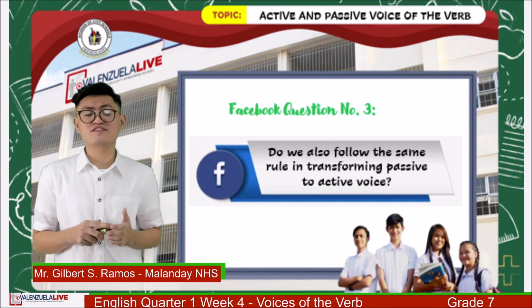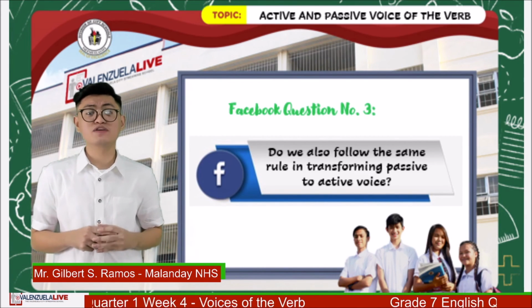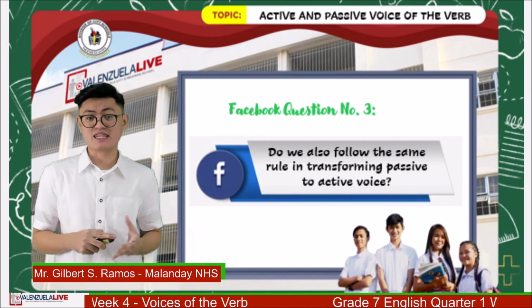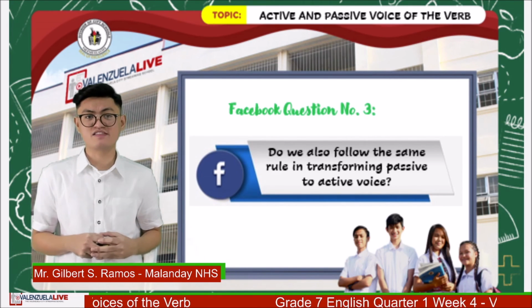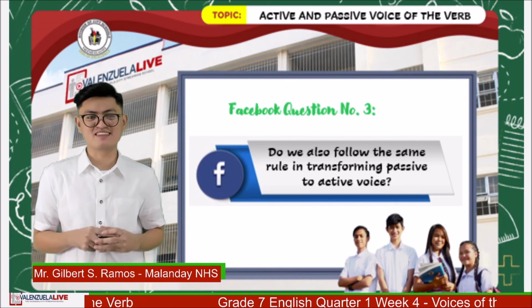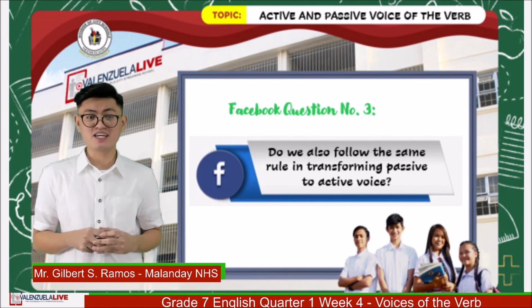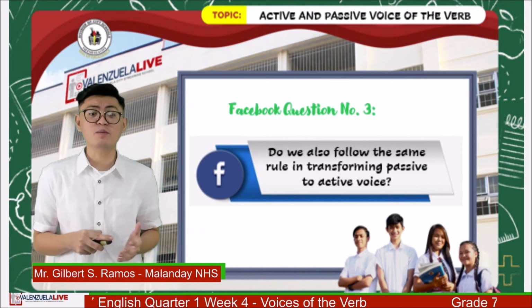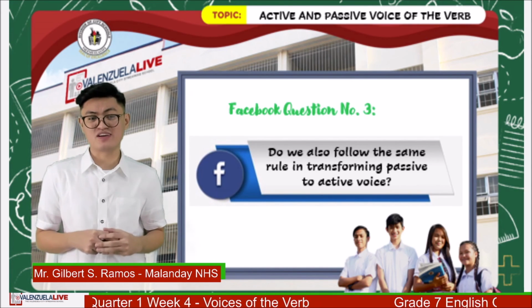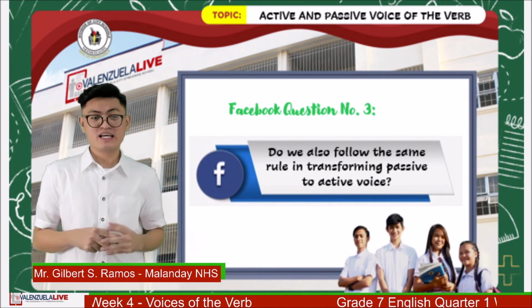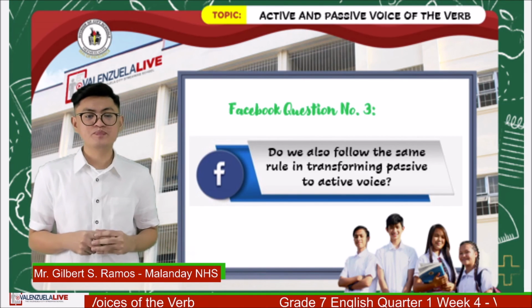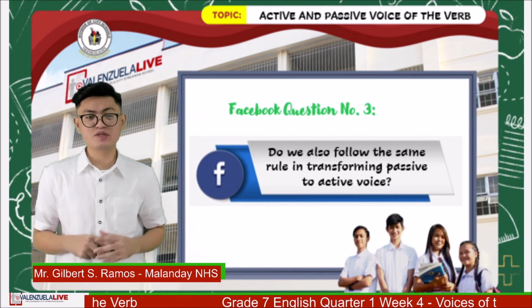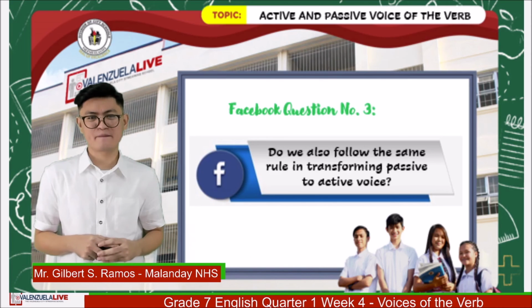Identify the tense of the verb and follow the formula. In this case, the tense is in the present tense. Number 3, the subject in the passive voice becomes an object in the active voice. So the sentence will become, he distributes the food packs.